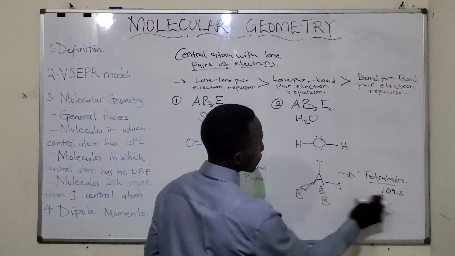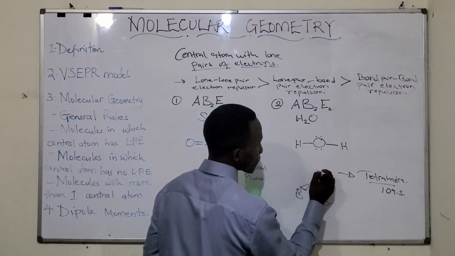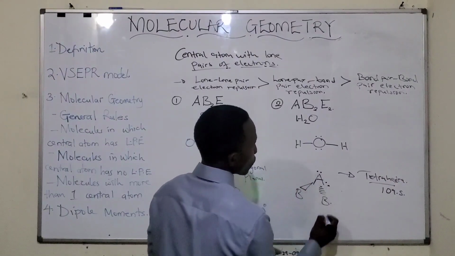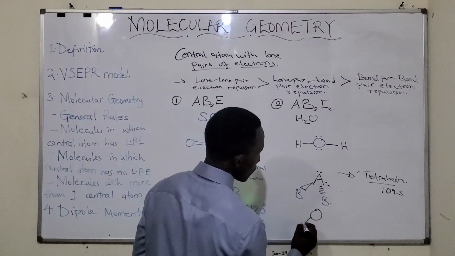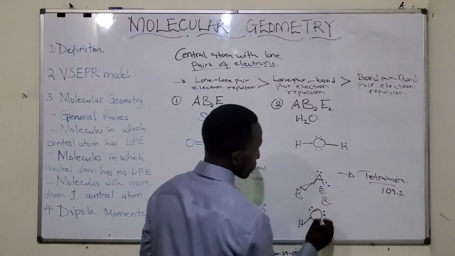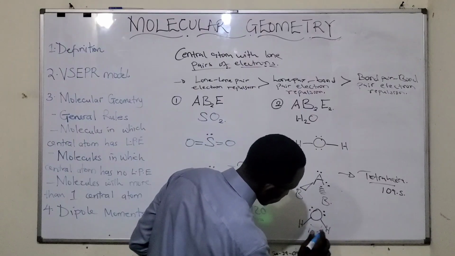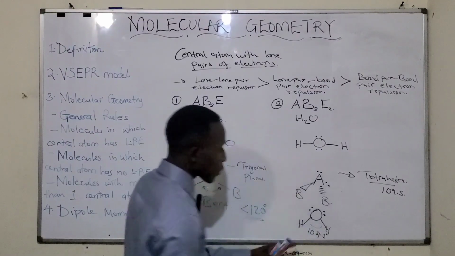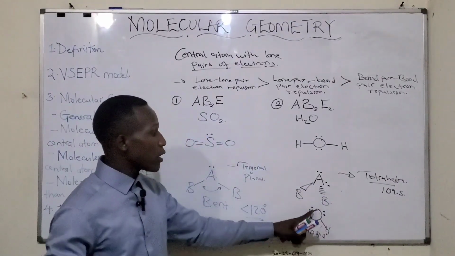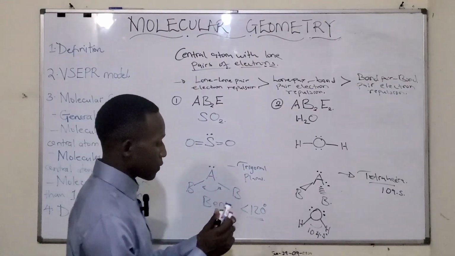But here, it won't be 109.5 because these lone pairs are now increasing the repulsion. So, this angle will reduce. So, we shall have oxygen atom with hydrogen and hydrogen with 2 lone pairs of electrons. And this angle is now around 104.5. It's no longer 109.5 because we have increased the repulsion of the lone pairs. So this angle reduces.